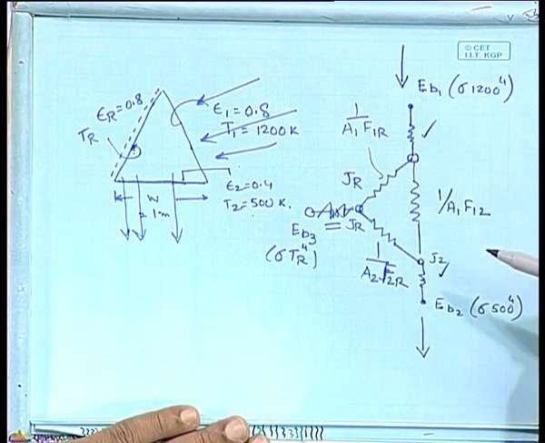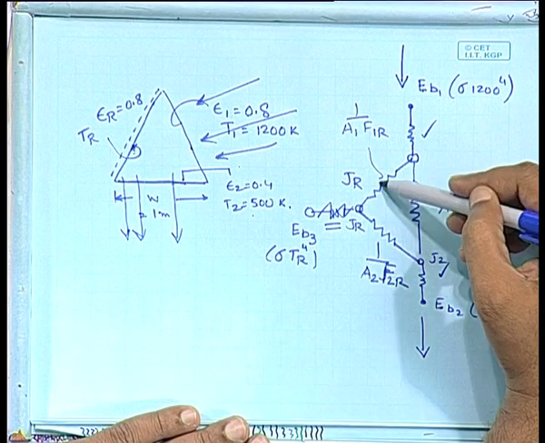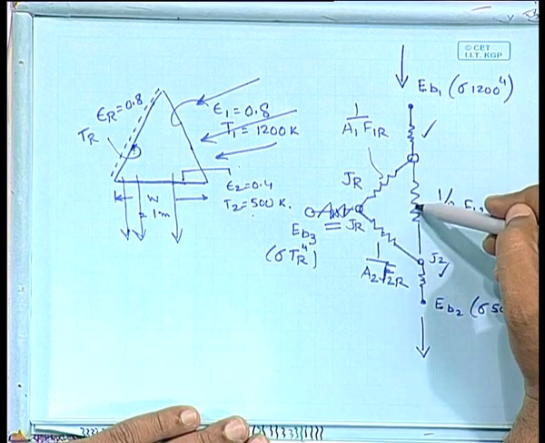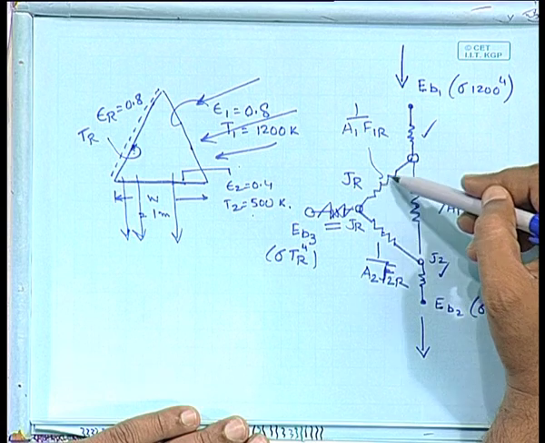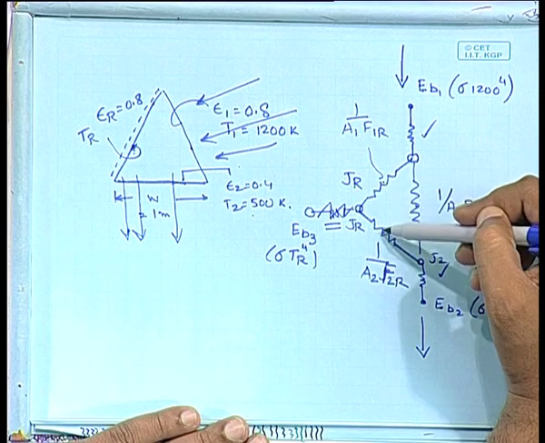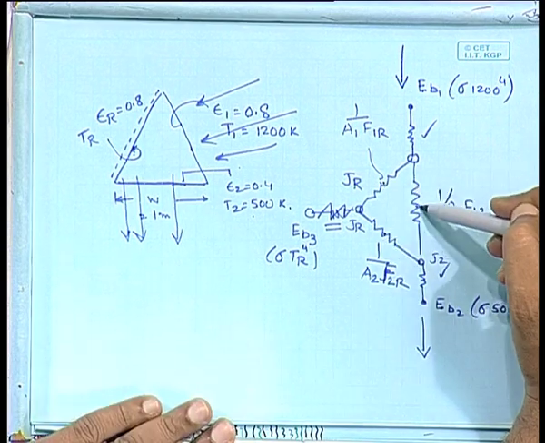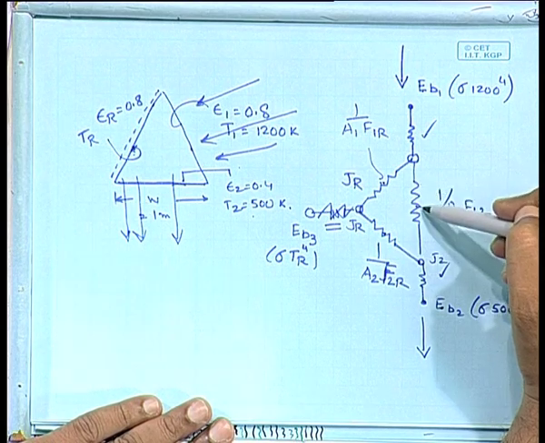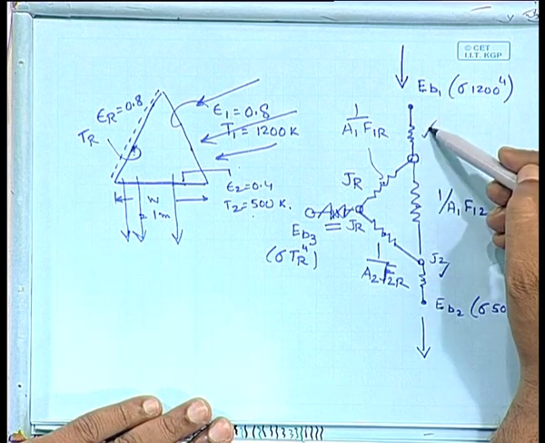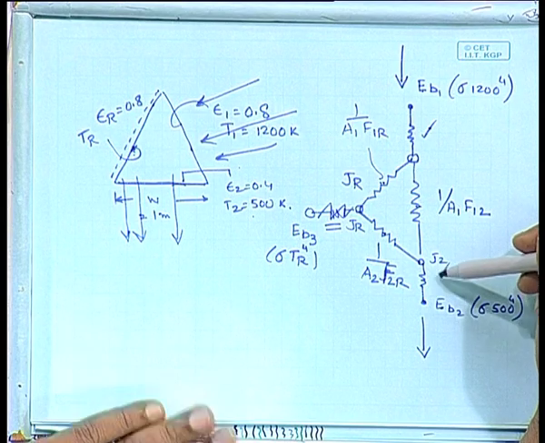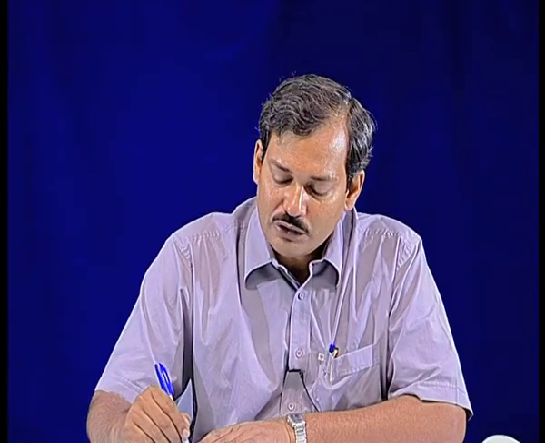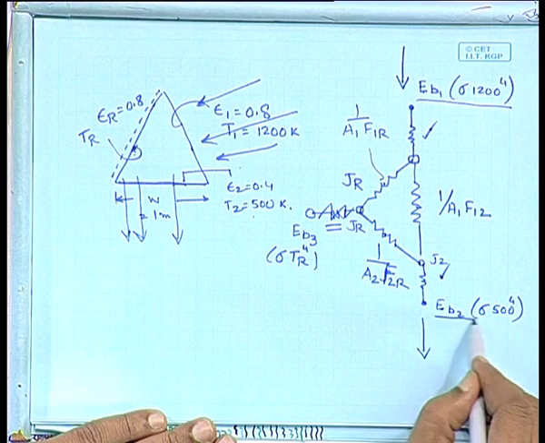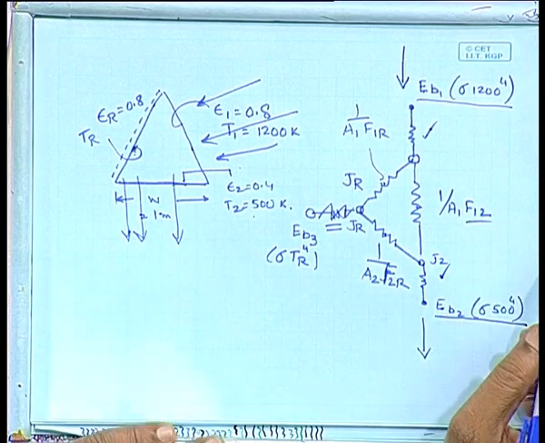This one is in series, and this and this are in parallel with this one. So, you can find the equivalent resistance of these three resistances, and that equivalent resistance is going to be in series with this and with this. That is it. The magnitude of this is known, the magnitude of this is known. What is the value of F12?